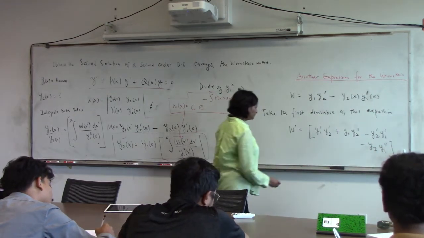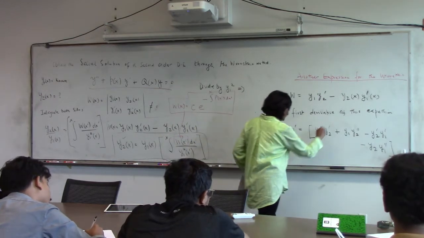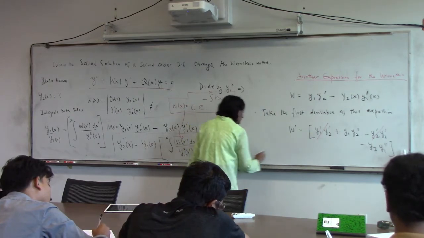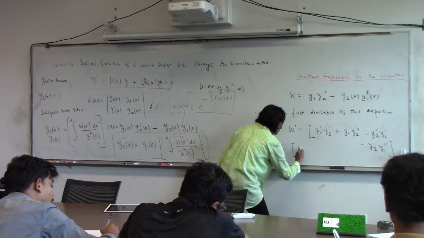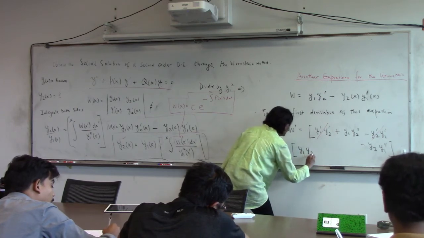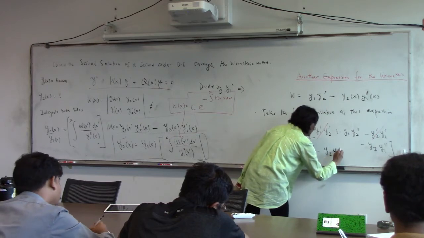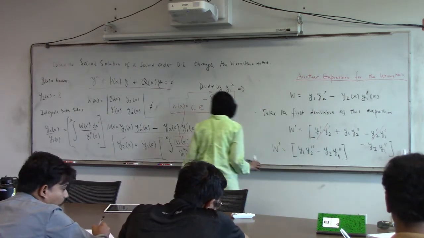All right? These terms are repeating, so I can cancel them. What I have is W prime equals y1 y2 double prime minus y2 y1 double prime. That's what we get.